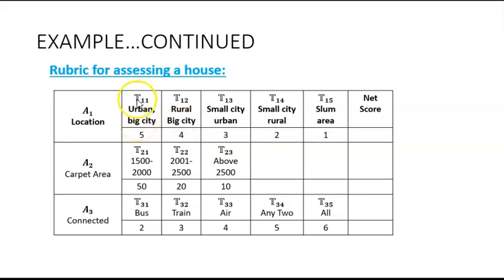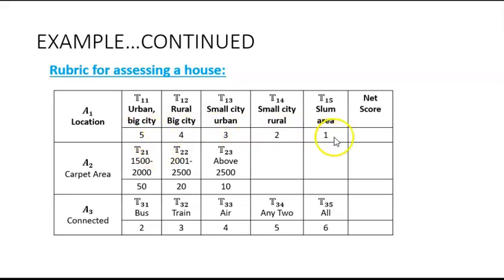Urban, big city, T11, rural, big city, T12, small city, urban, T13, small city, rural, T14, slum area, T15. And we have given their scores. Again, as I said, these scores depend on how an individual person looks at these threshold values and assigns a value to them.